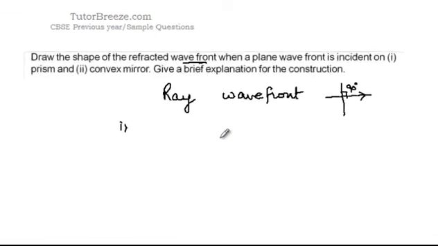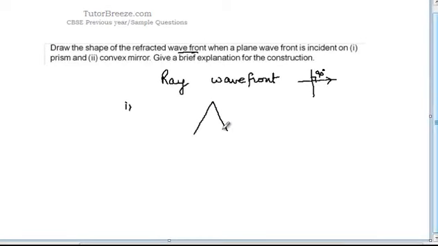The first part of the question is, say you have a prism and you have an incident ray, this is the refracted ray and this is the emergent ray. Now I'll just show this with blue. So this is the incident wavefront which is at 90 degrees to this ray, and this is the emergent wavefront which is again at 90 degrees to the ray.